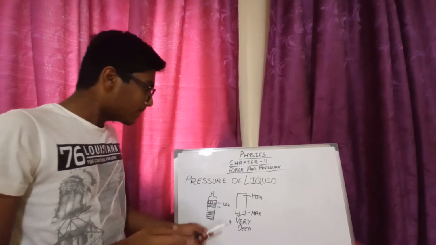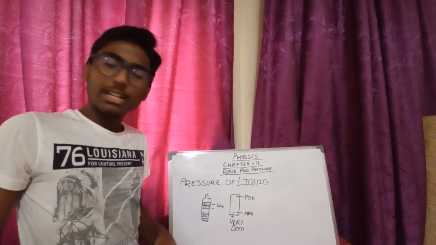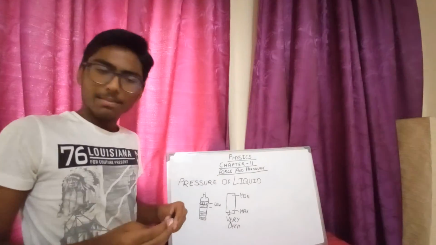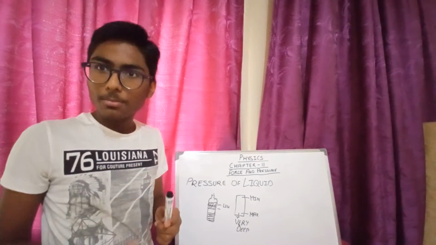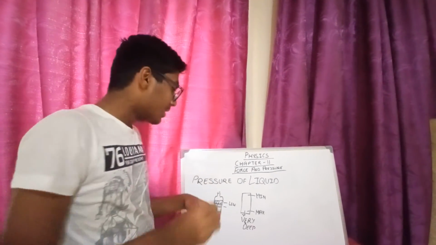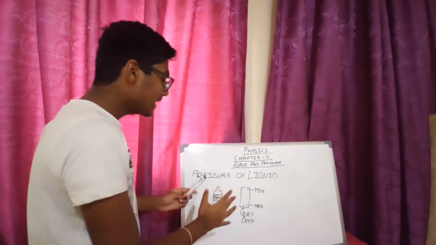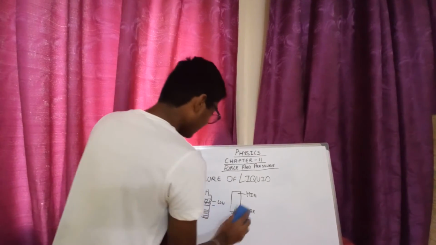The liquid pressure doesn't depend on the area it is acting on. It depends on the depth. If the depth is too much, the pressure also will be too much. That means liquid pressure doesn't only vary on the area, it varies on the depth too.